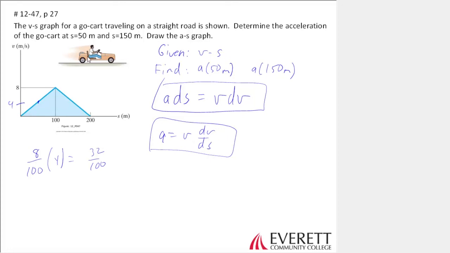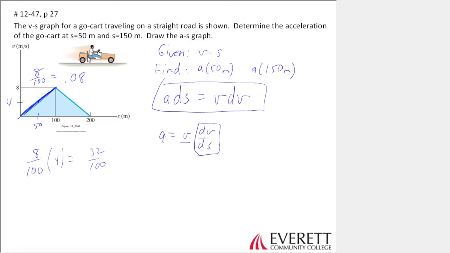There we go. Acceleration is equal to v dv/ds. We just have to know what that means. v is just velocity, or the value at where we're asked for. At 50, since this is a linear function, the value's got to be 4. dv/ds is the slope. What's the slope? Rise over run. Rise over run would be 8 over 100, which would be equal to 0.08.